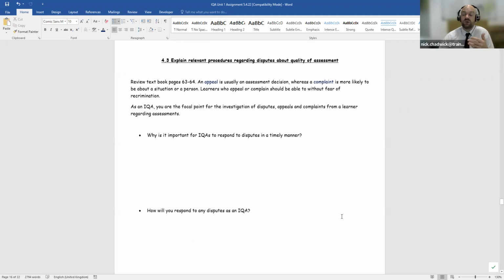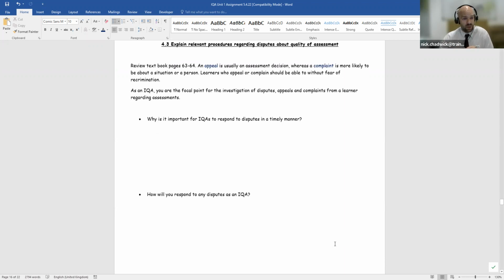Okay, so if you as an IQA can't resolve the appeal or dispute, you can, of course, check in with the awarding body, perhaps the EV, who might have a solution for you. So it's always best to work closely with an awarding body, who can provide support when appeals and disputes do arise. But you're not on your own here as an IQA, okay?